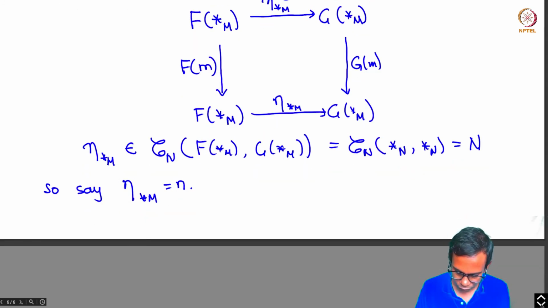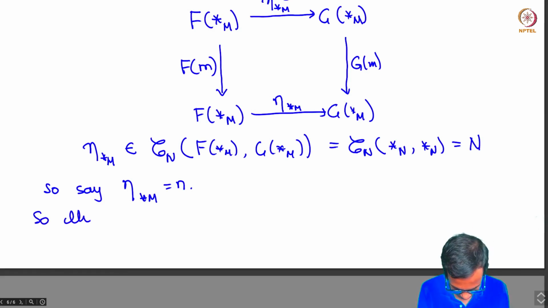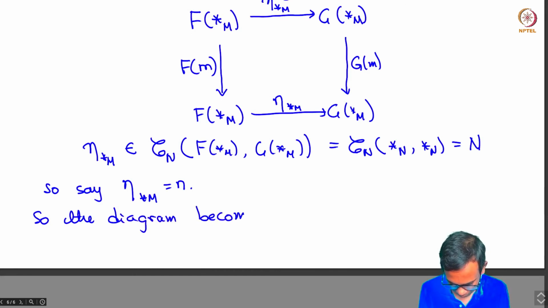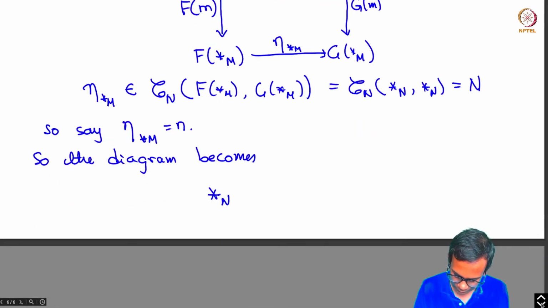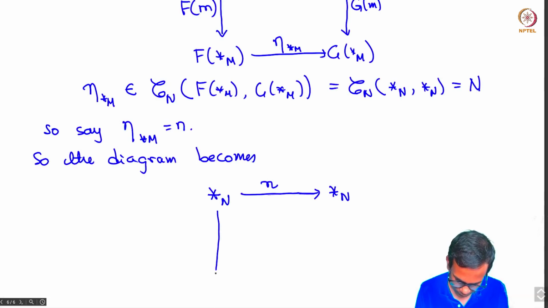What about f of m and g of m? Well, those are just monoid homomorphisms. Let's rewrite this thing, unraveling all these definitions. f of star m is star n, and we have this element n, which completely determines and is determined by eta.